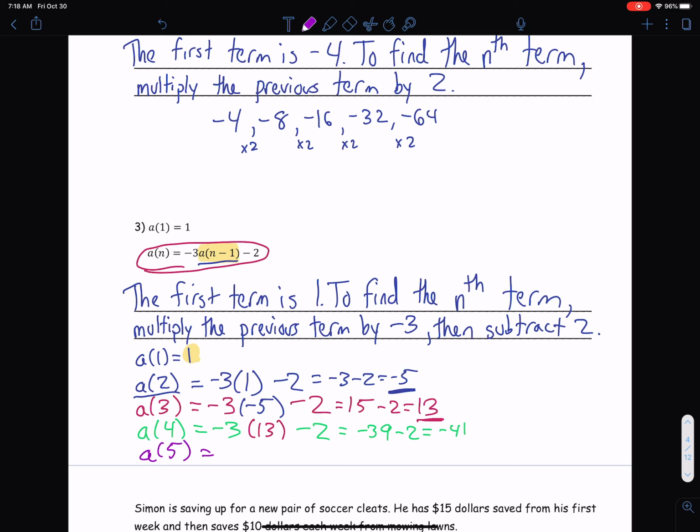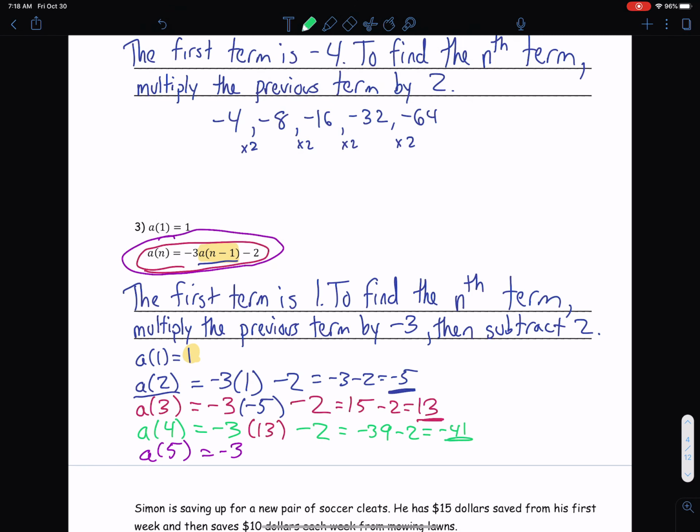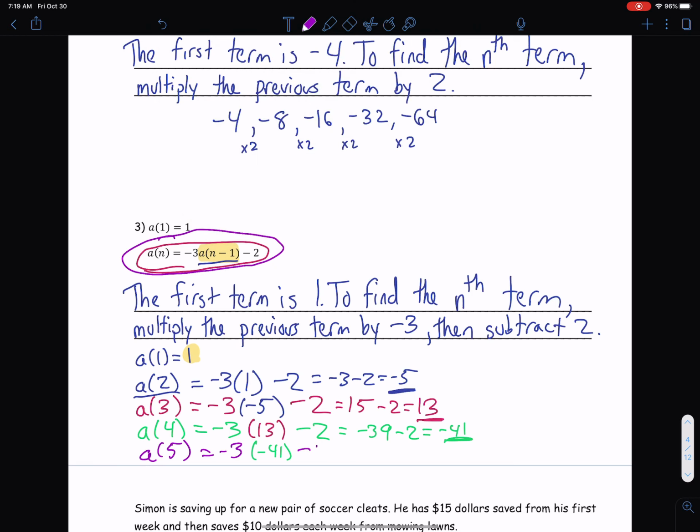And we still use this equation. Where's that negative 3 and minus 2 coming from? It's still just coming from that rule, because we have to keep on following that rule to find the next terms. So that would be negative 3 times our previous term, which in this case is a of 4, because we're on a of 5. So we plug in that negative 41, minus 2.